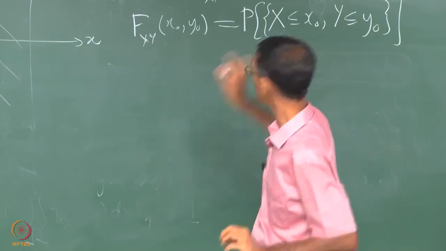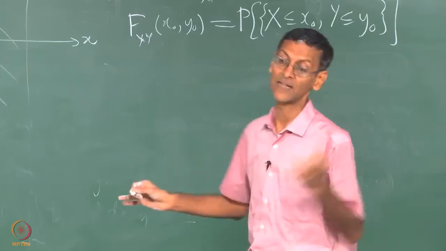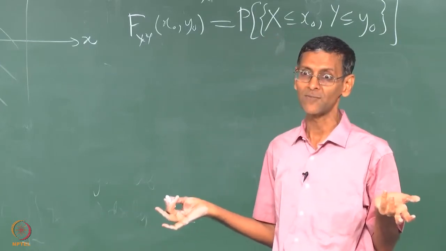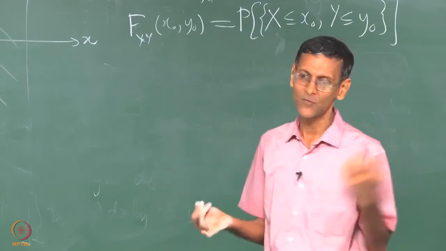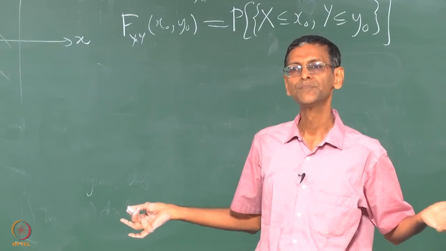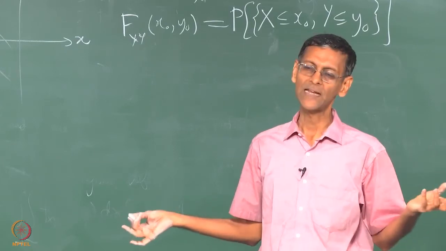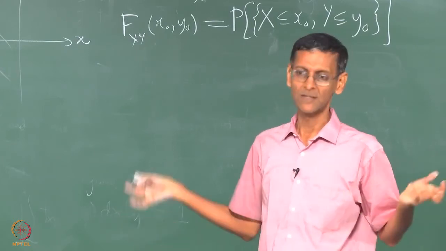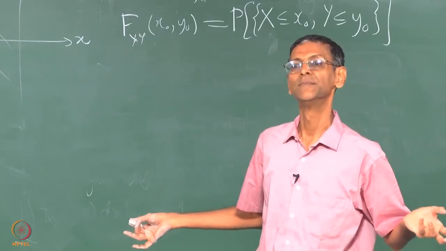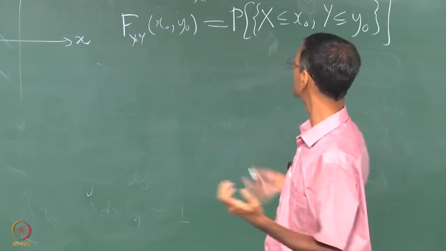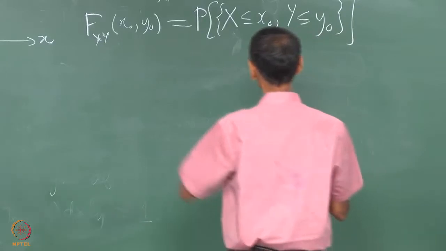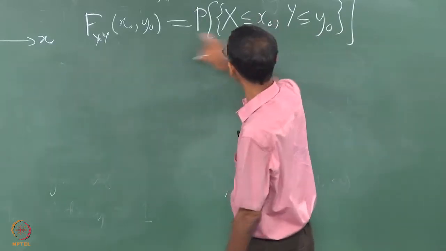This is more general in that it can handle everything, but in my humble opinion it is not a good starting point for any engineering problem. Just like in the 1D case, nobody ever starts off with the CDF and asks what to do with it. Just for completeness' sake we should be aware of it.